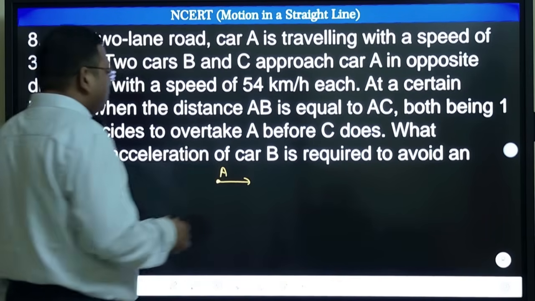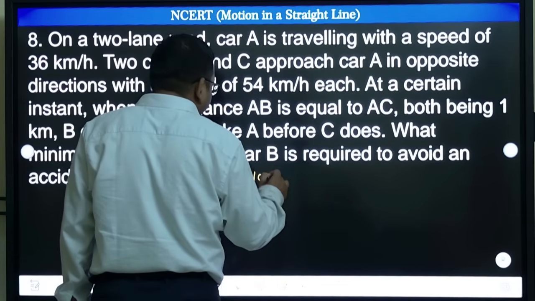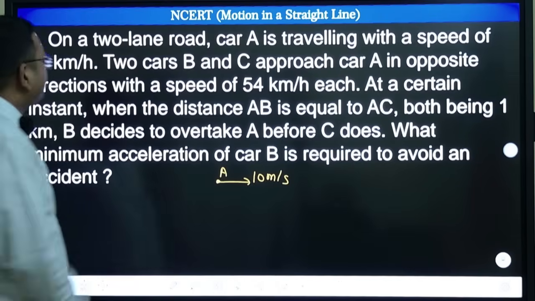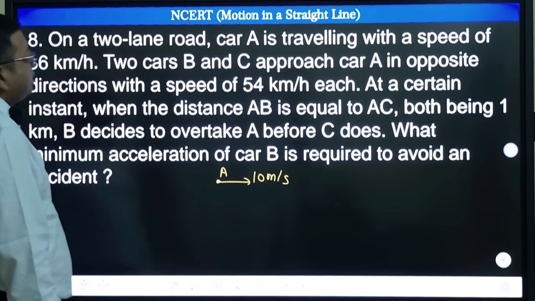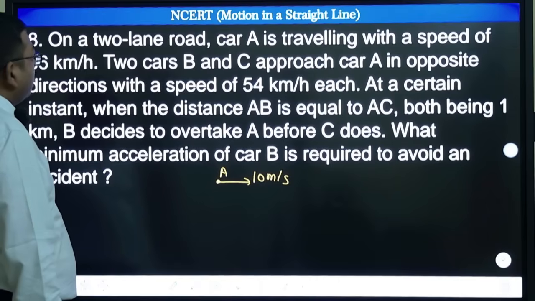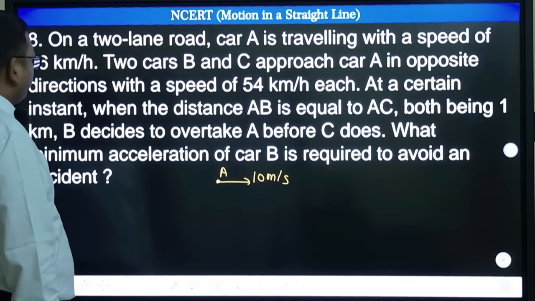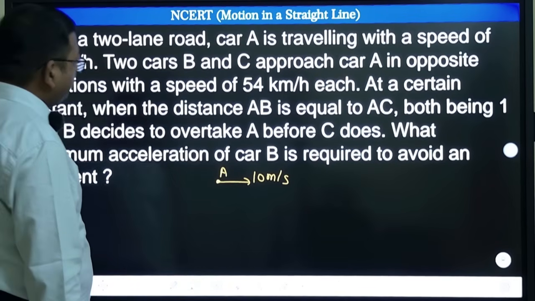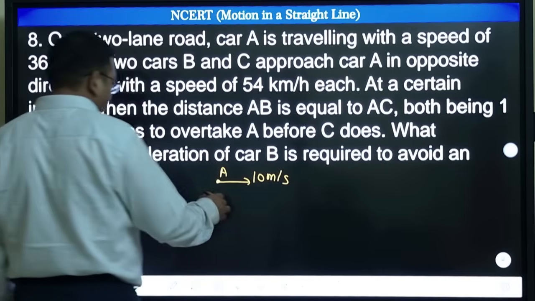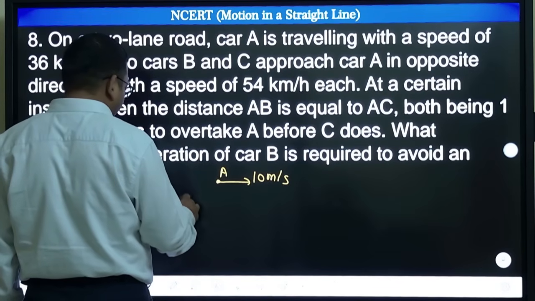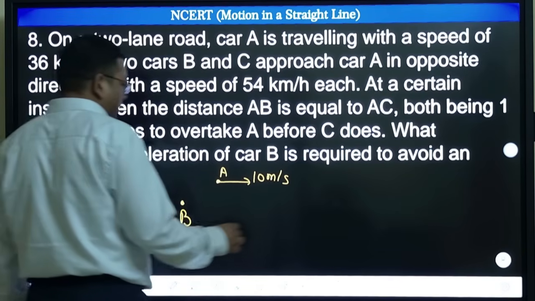So 10 meter per second it is going. Two cars B and C approach car A in the opposite direction with the same speeds each. At a certain instant, when the distance AB is equal to AC, let us say B is here and C is here.